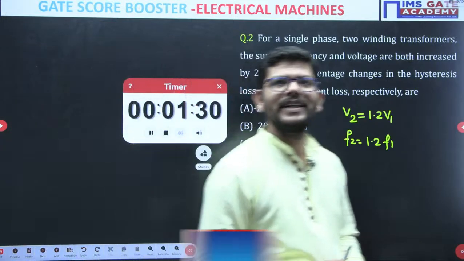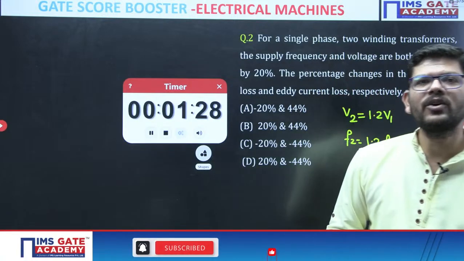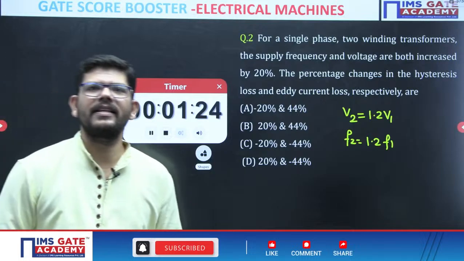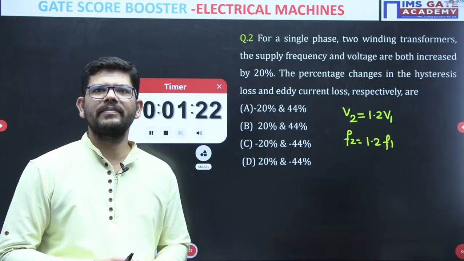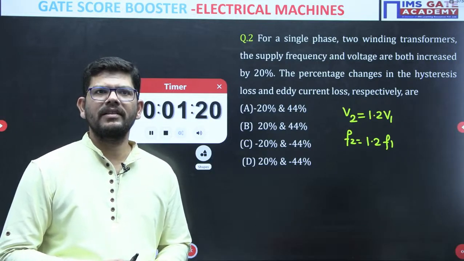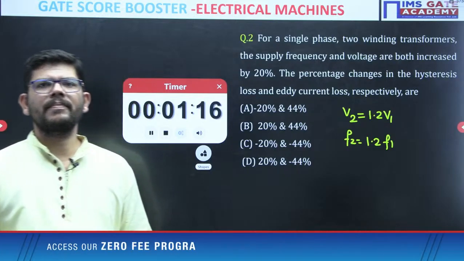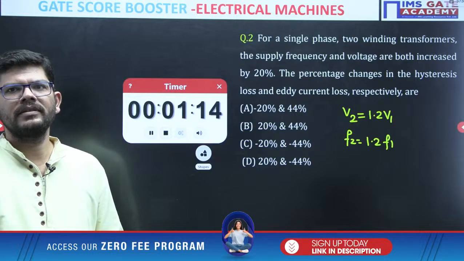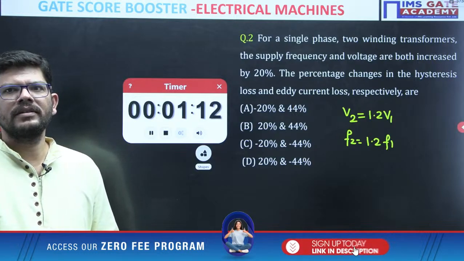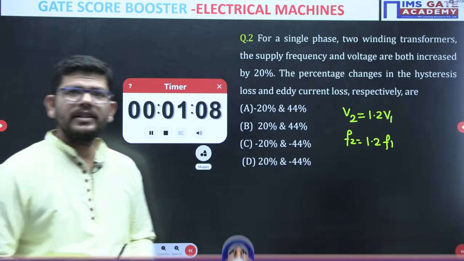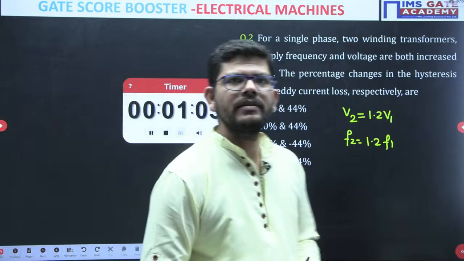Lightning fast speed, you only took 15 seconds, I think. So Meda is saying that B is the correct answer. What about others? Are you also getting B?